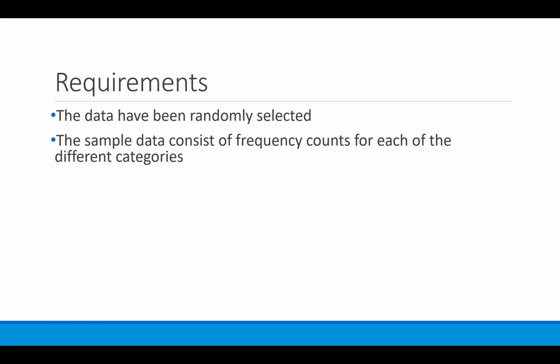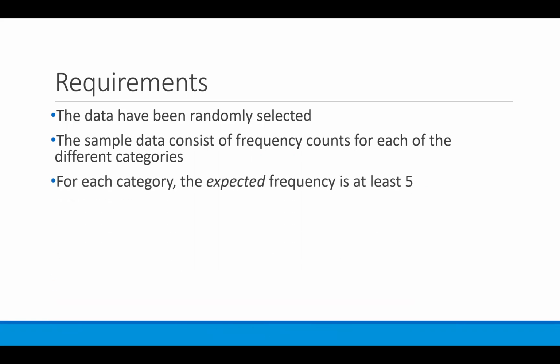How many do you have in each category? It's the frequency count. That's your data. We'd love the expected frequency for each category to be at least 5. Normally, Minitab will indicate if that is not the case. It's not a deal breaker, but that's the ideal.